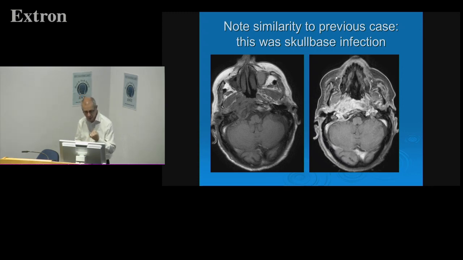And when you're looking for it and following up, don't image too quickly. It takes months for these things to settle down, and the imaging is usually way behind what's happening with the patient clinically. So don't image too quickly.